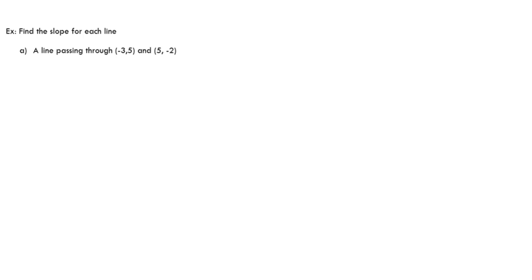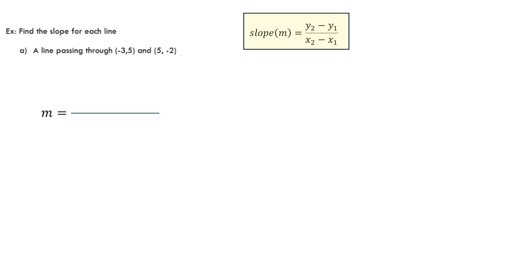In this example, we have 2 more points. We'll refer to point 1 as (-3, 5), and point 2 as (5, -2). We take the y value from point 2, so y2 is -2, subtract 5.